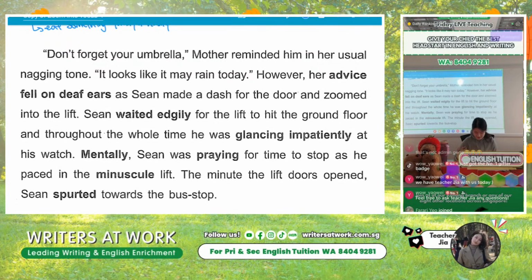Over here, you can see that the dialogue is adding to the story. It is adding to Mother's character trait. You can say that Mother is more naggy, and you can tell that from the dialogue. And the dialogue is also used to express the fact that Mother did remind Sean, and later on Sean did not listen. Her advice fell on deaf ears, okay?